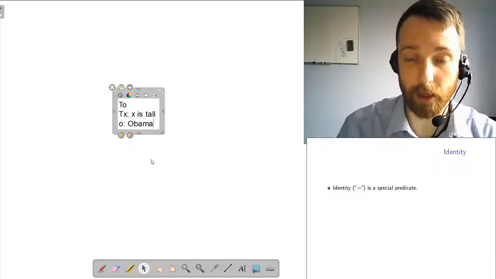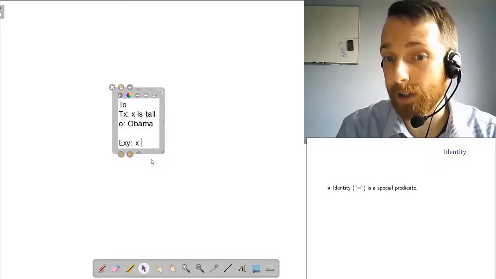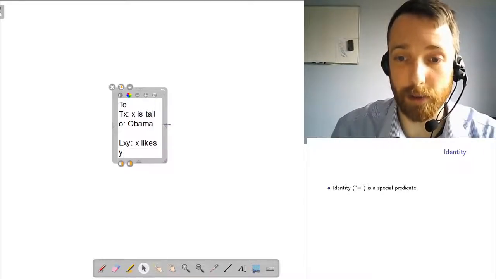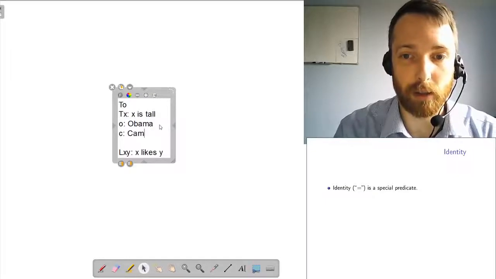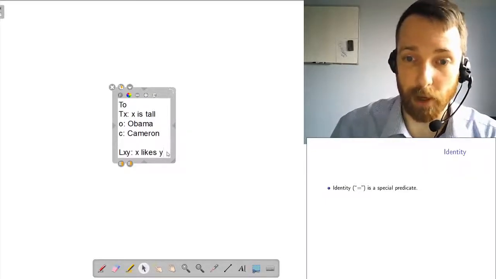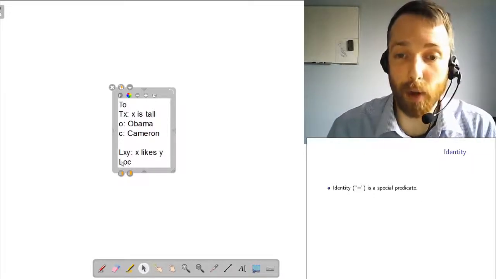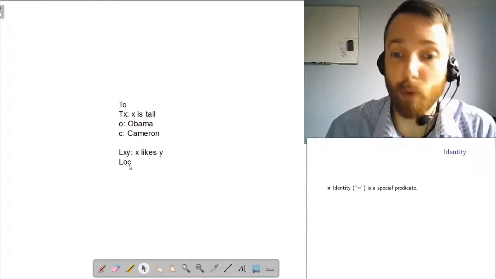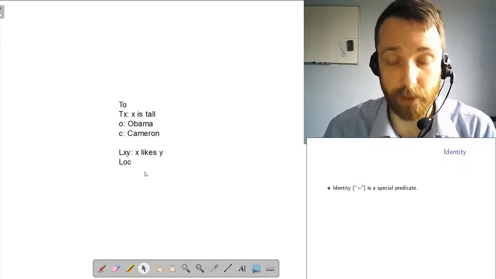On the other hand, if I had a predicate like LXY stands for X likes Y, then I could say Obama likes Cameron by writing LOC. So in these cases, you have the capital letter for the predicate coming before the names or variables for that sentence.